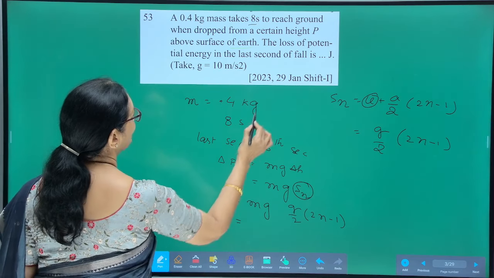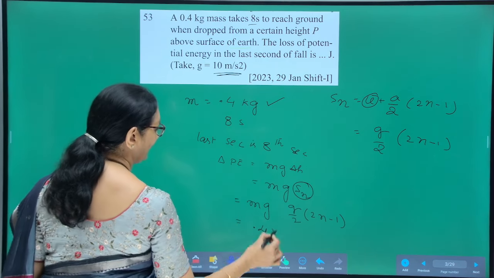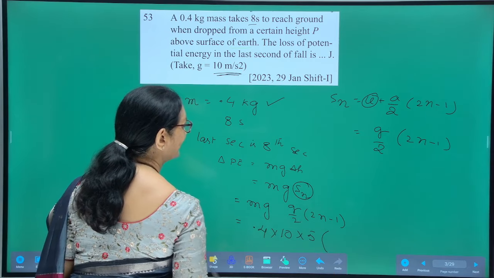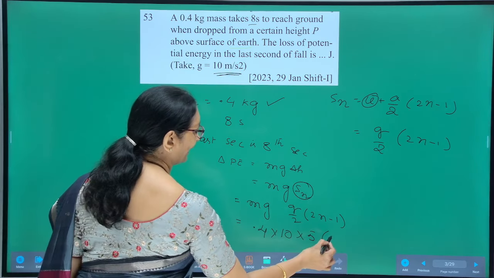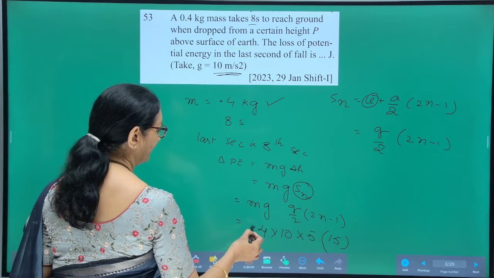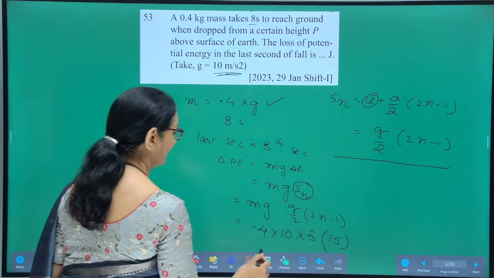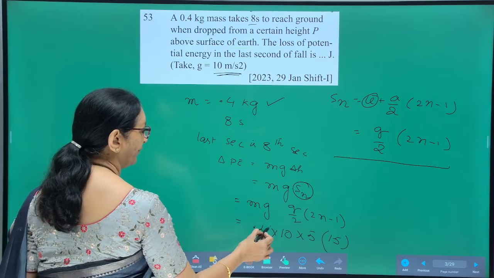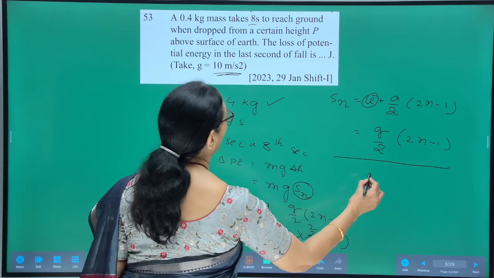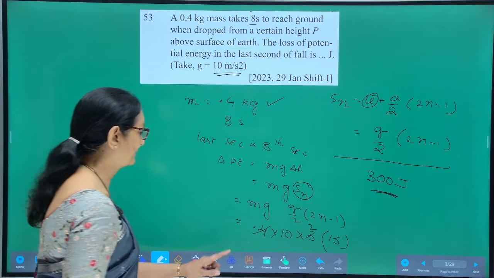Mass is given as 0.4 kg, g is 10 meter per second square, so 10 by 2 is 5, n is 8, 2 eights are 16 minus 1, it is 15. So 0.4 into 5 is 2, 2 into 15 is 30, 30 into 10 is 300 joules. Answer is 300 joules.